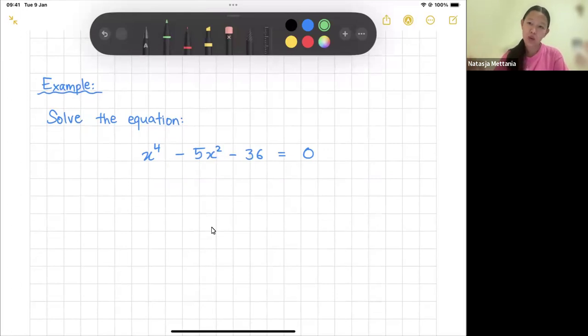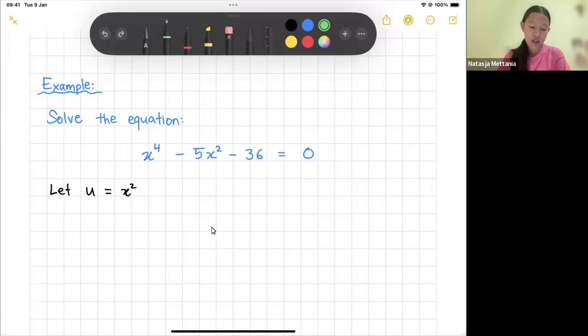To reduce it down, I'm going to let the letter U represent x squared, because I want to reduce anything to its highest power as x squared. Makes sense. Before I substitute wherever x squared is as U, I'm actually going to break down this x to the power 4 using my indices laws.